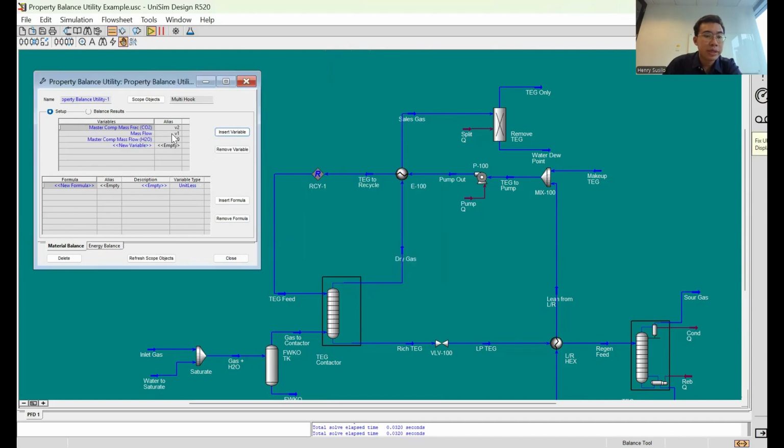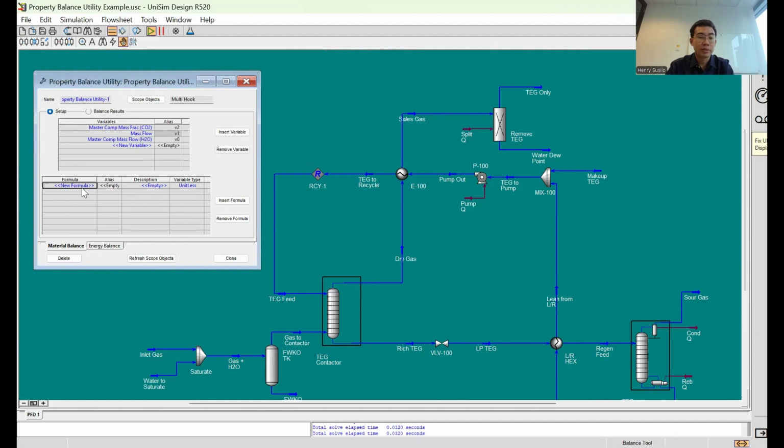So we could see here our mass flow variable is noted as V1, while the component fraction of CO2 is noted as V2. When we write the formula, we should write it in the form of V1 and V2. To get the mass flow of CO2, we need to multiply mass flow and the component mass frac of CO2.